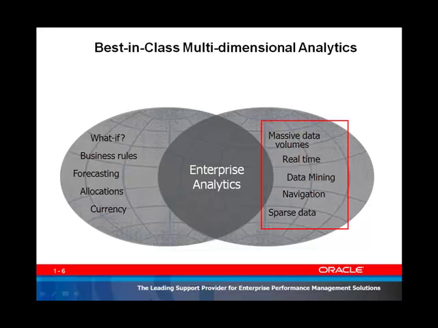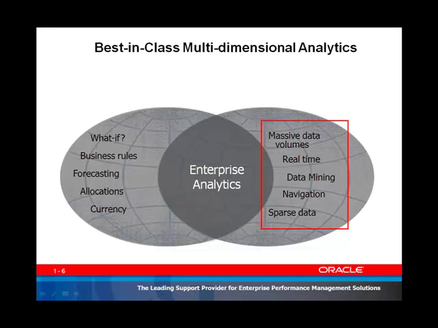So ASO enabled Essbase to go beyond its core strengths that block storage gave into other parts of the enterprise. On the left-hand side of the screen here we have the what if, business rules, forecasting, allocations, and currencies. All of those types of applications work perfect in the block storage database.